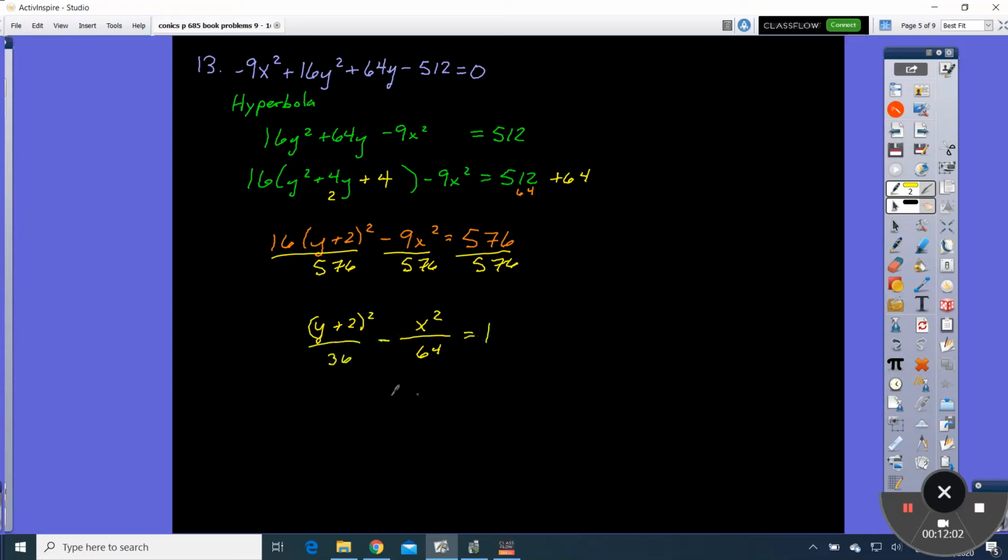Equals 1. So now it's in this form. So now it's easier to graph. Struggling getting straight lines today. So my center is at (0, negative 2).